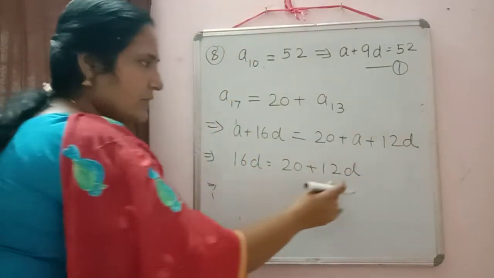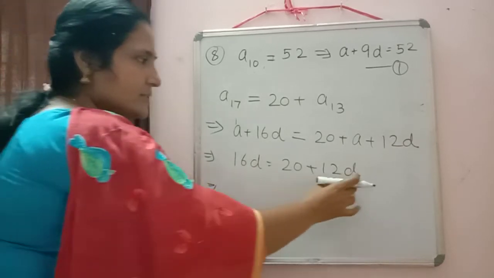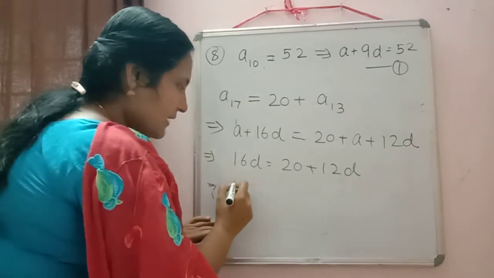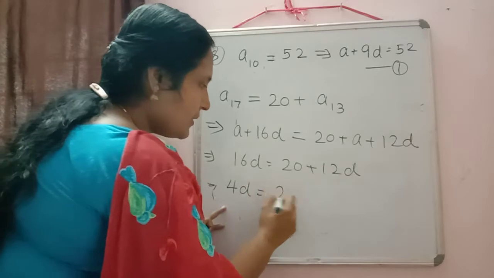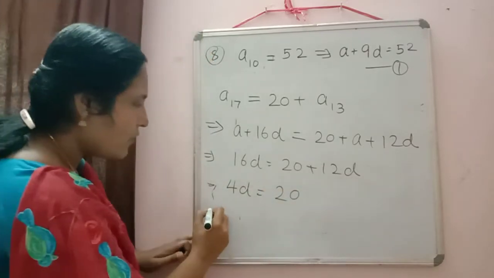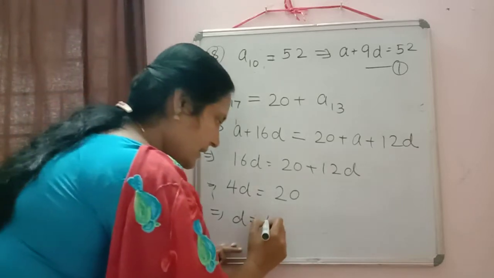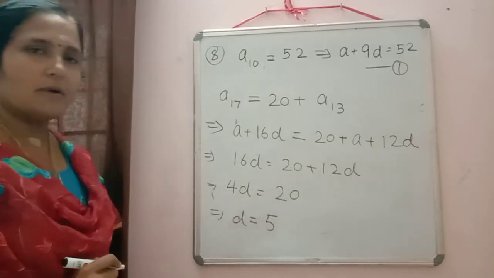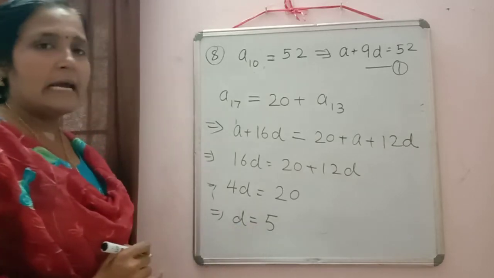Now we can shift 12d to the left hand side, so 16d minus 12d, 16 minus 12 is equal to 4. So we are getting 4d is equal to 20, so d is equal to 20 divided by 4, d is equal to 5. So we have the value of d.